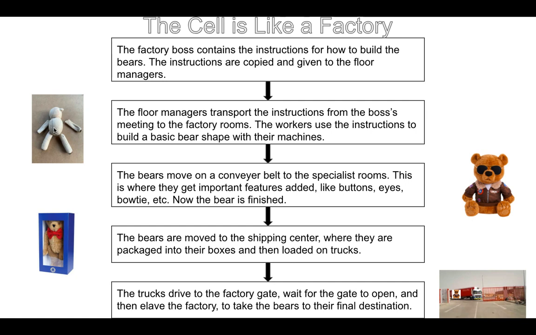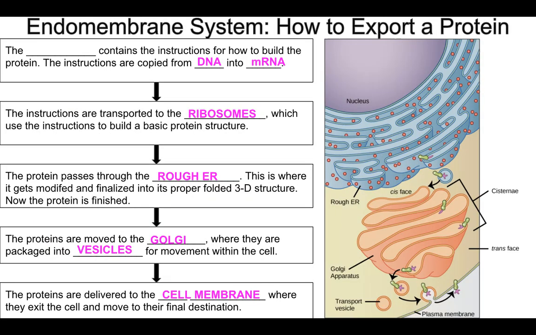Now we're adding on special features, like we're going to give it some fur, and we're going to give it things like eyes and maybe a bow tie, or here we're giving it sunglasses and a little leather bomber jacket. Okay, so what have we done to the bear? We've modified it and finished it so that it has its final shape.